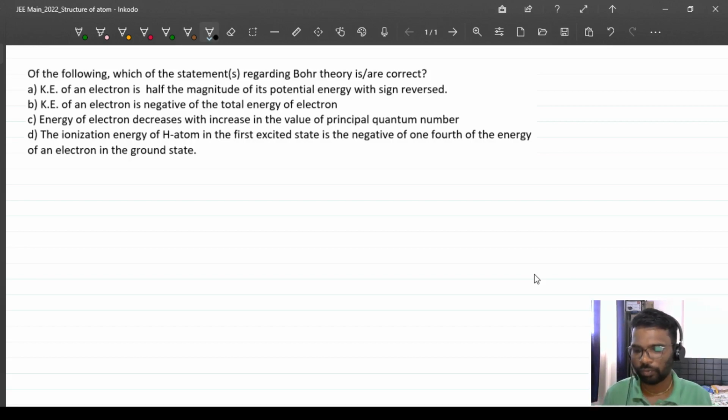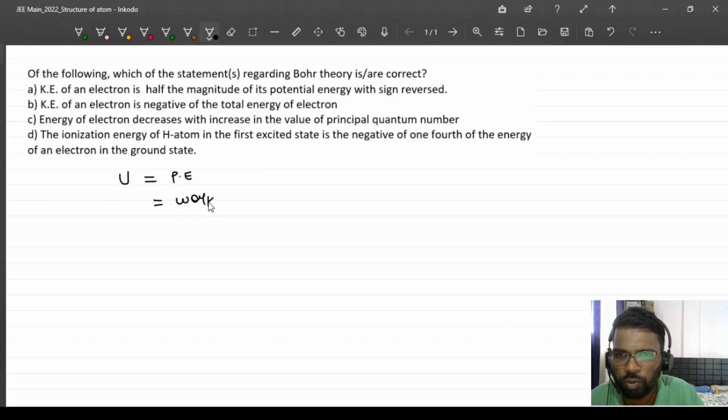Let's understand this concept. The potential energy is equal to the work done.